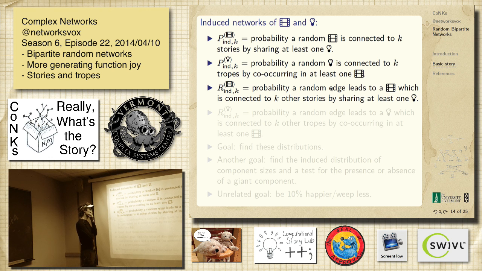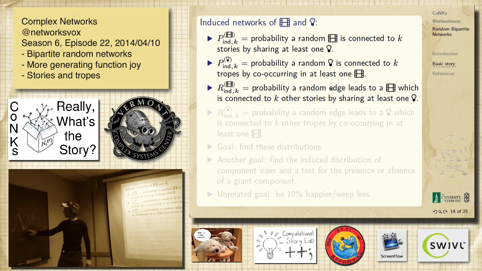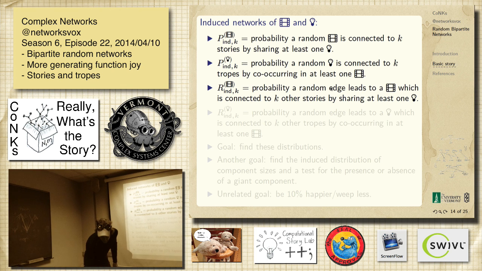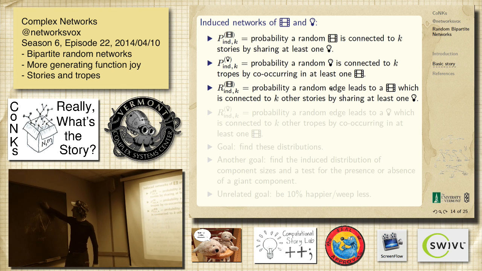So it's a probability that you run along one of the edges from the bipartite affiliation one. I may have to tweak that definition, given what we've said in the past. There's a network that lifts out of here, which has its own pk, P induced k, whatever it is, for stories.